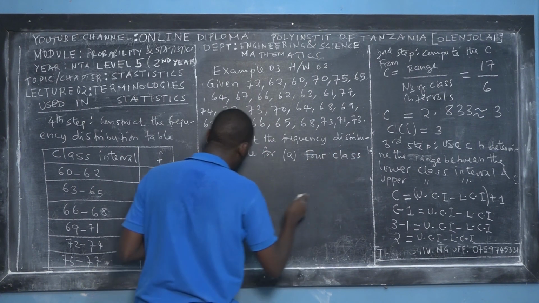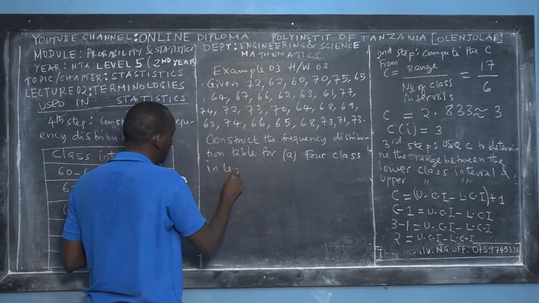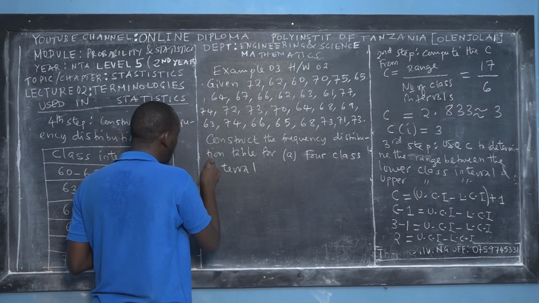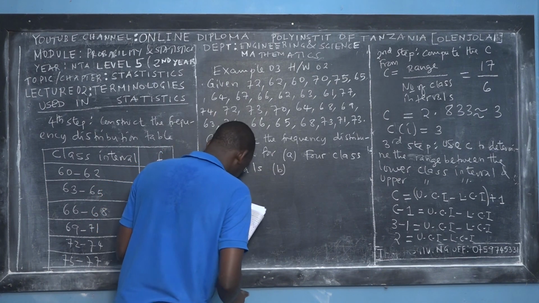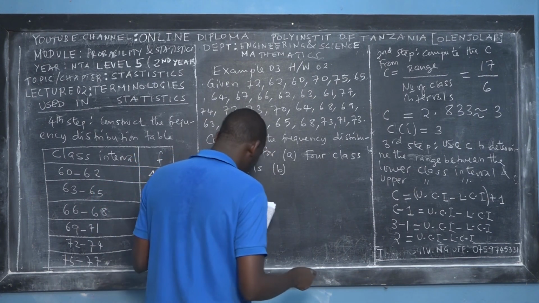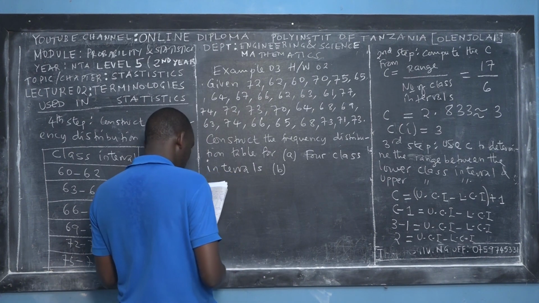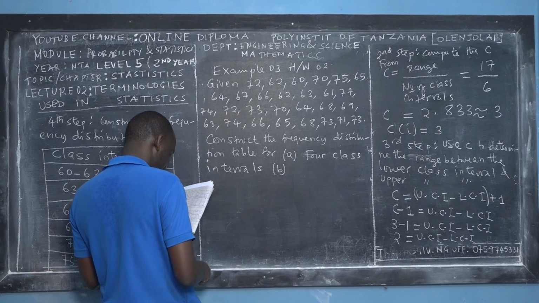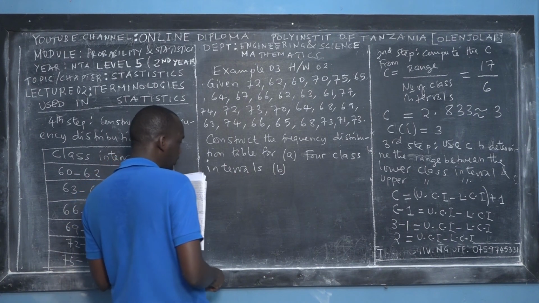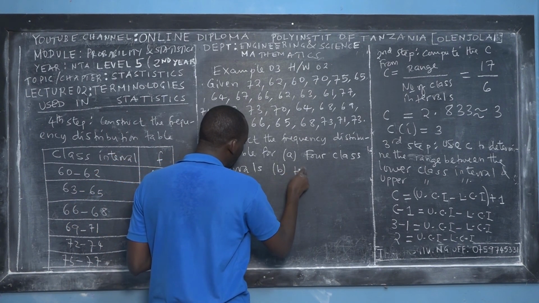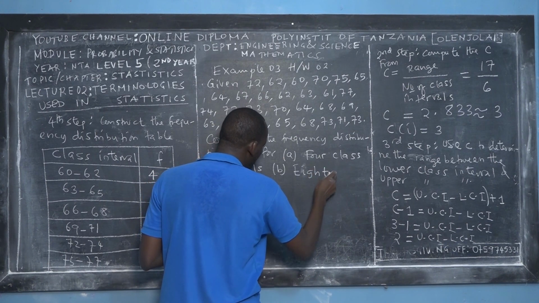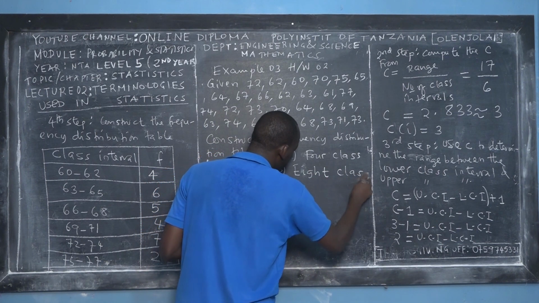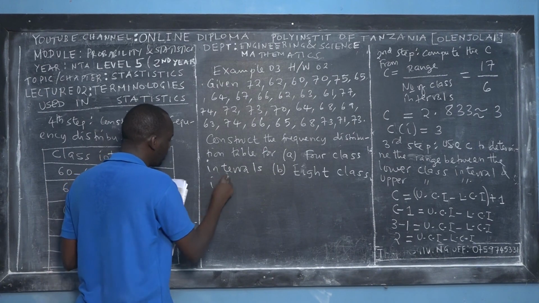Make sure that you do this homework before you learn the contents of lecture 3. B, you also have to consider the frequency distribution table for 8 class intervals.